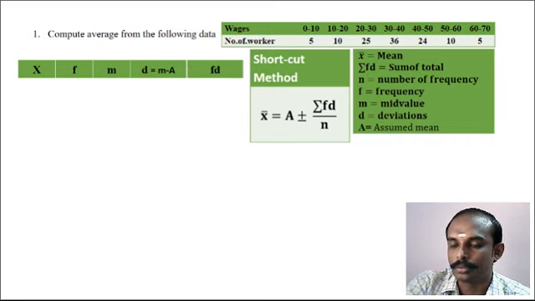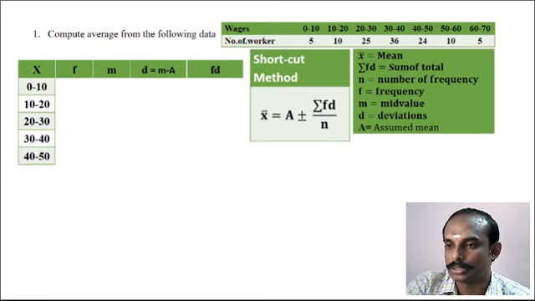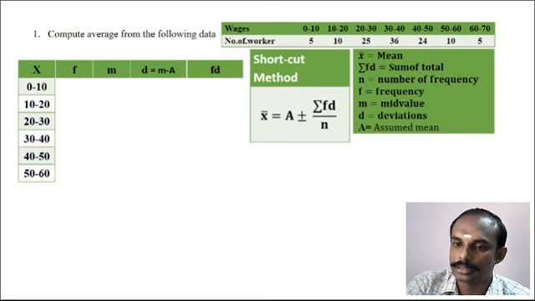In column number 1, x: 0 to 10, 10 to 20, 20 to 30, 30 to 40, 40 to 50, 50 to 60 and 60 to 70.